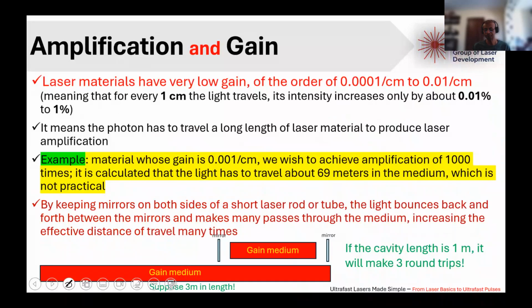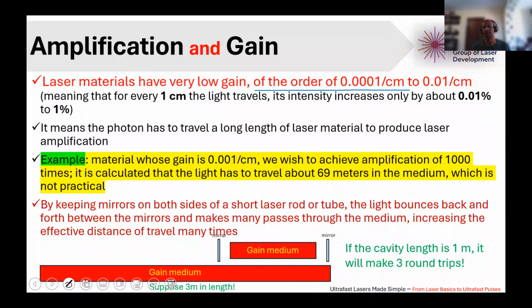same topic, amplification and gain. As I mentioned before, the laser material, the gain medium, has a very low gain in the case of lasers. And this gain is of the order of 0.0001 per centimeter, or it can be like 0.01 per centimeter.